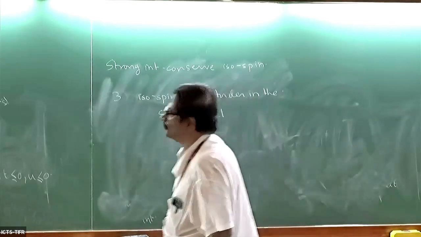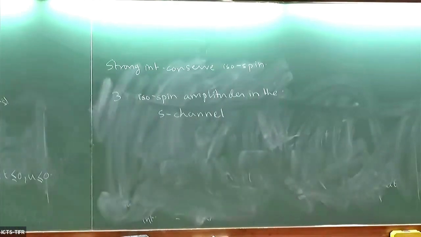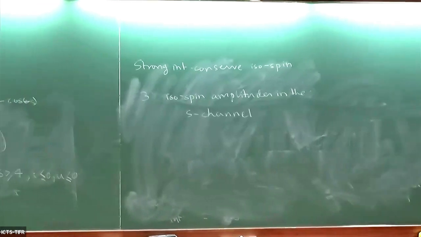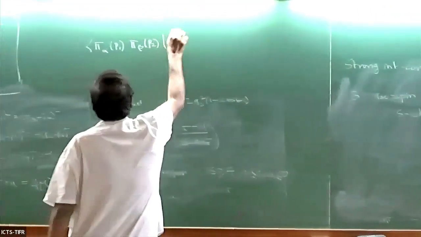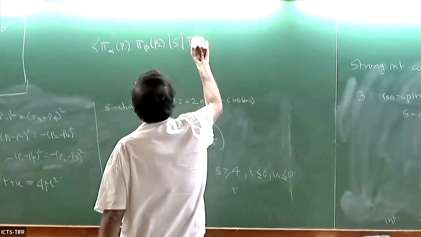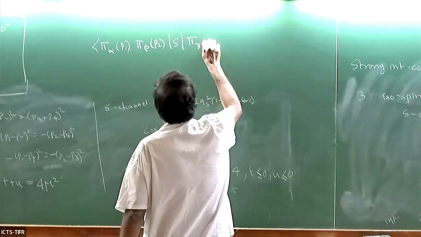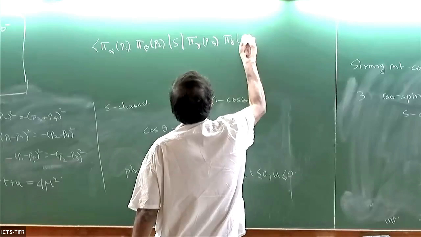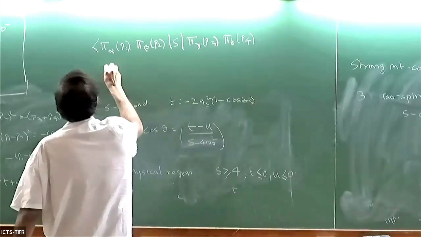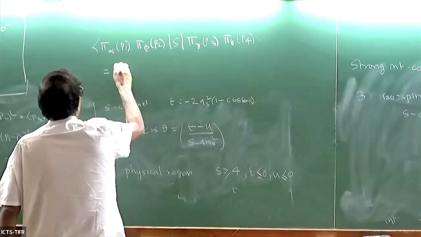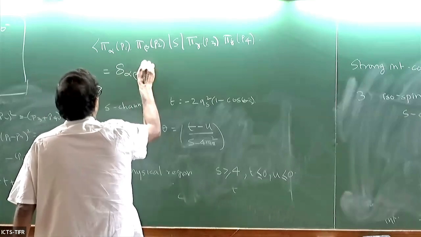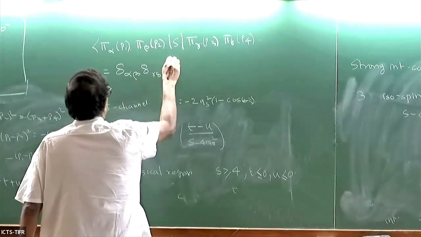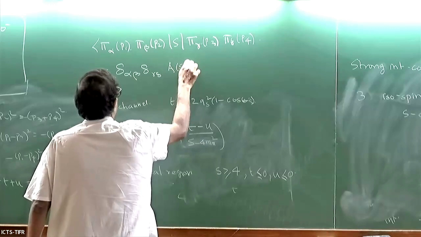And this transition matrix element for phi alpha P1, phi beta P2, S, phi gamma P3, phi delta P4 is given by various possibilities of isospin conservation, delta alpha beta, delta gamma delta, and I'll call this A(S,T,U).